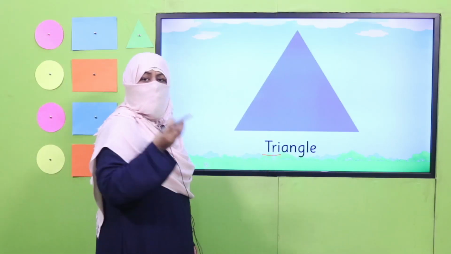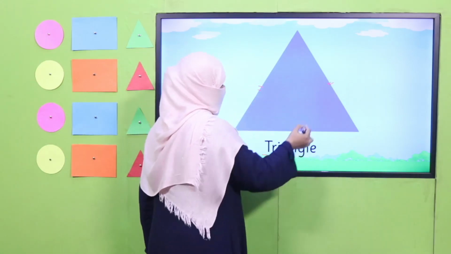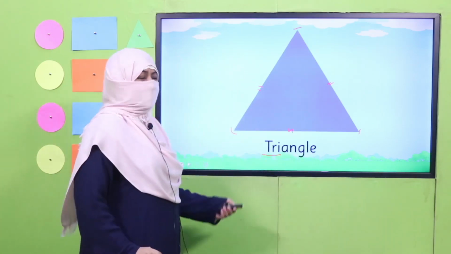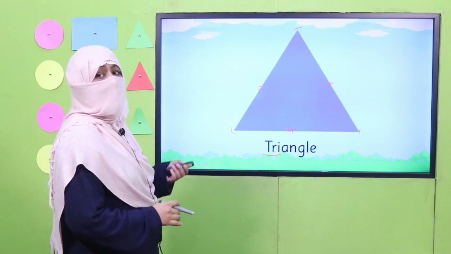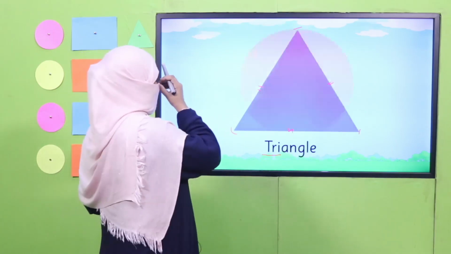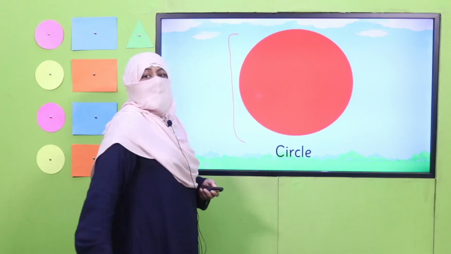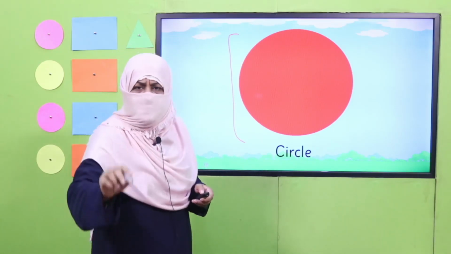Next is a triangle. Tri means three. So a triangle has three sides and three corners. All right. Triangles are of different shapes. Inshallah, we'll learn further about triangles in next class. Means next grade. So it is a circle. What is a circle? Circle is a line which is round.